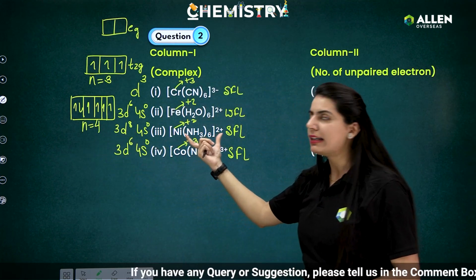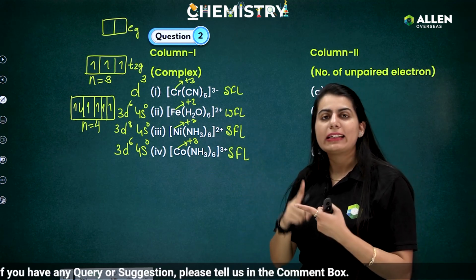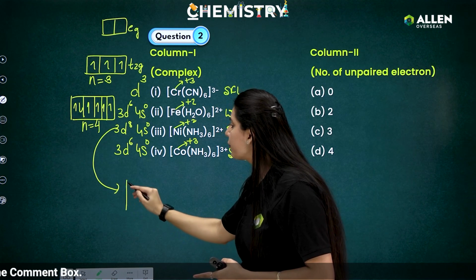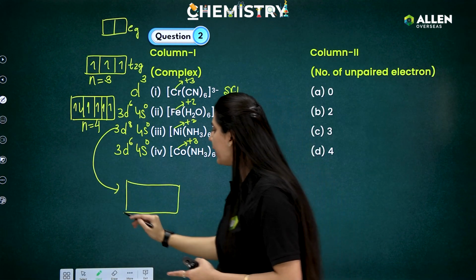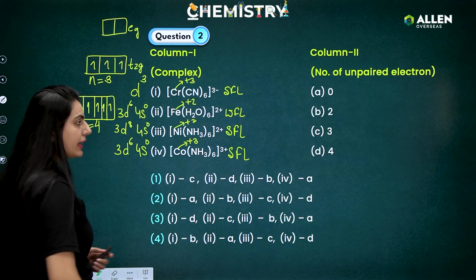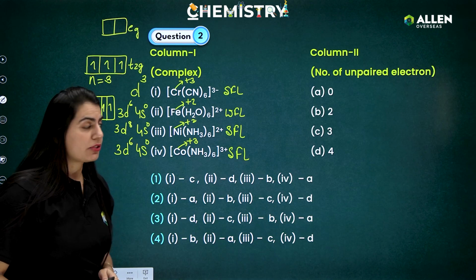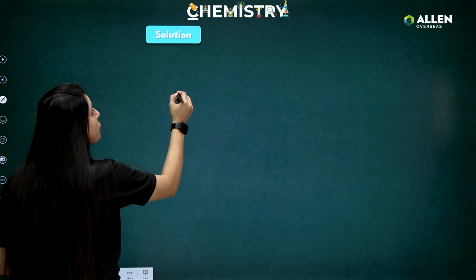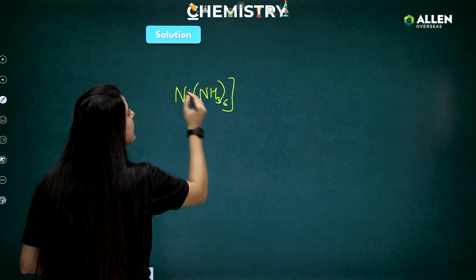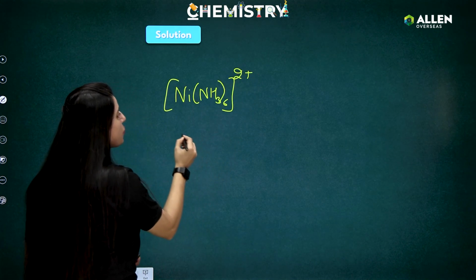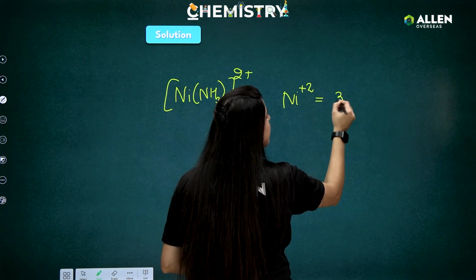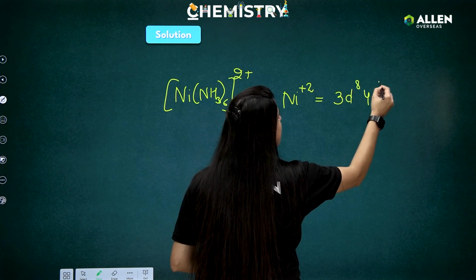If I talk about [Ni(NH3)6]2+, let me quickly discuss that. Here nickel +2 is 3d8 4s0.